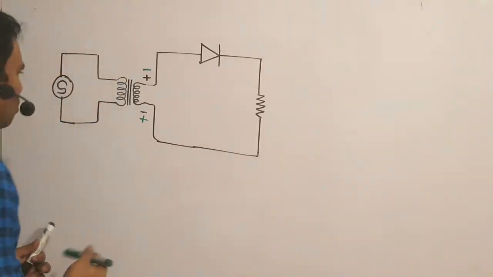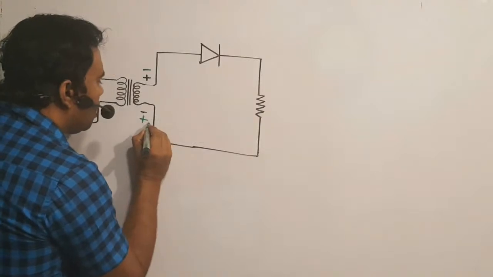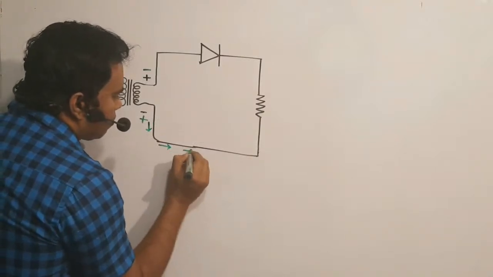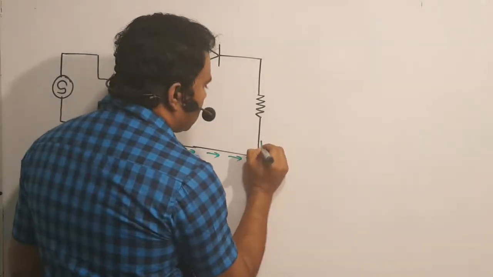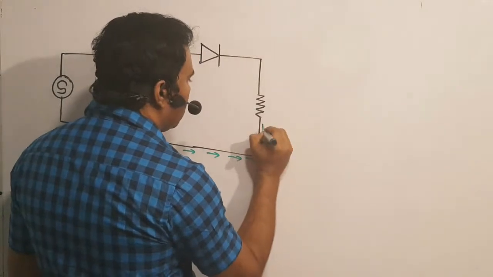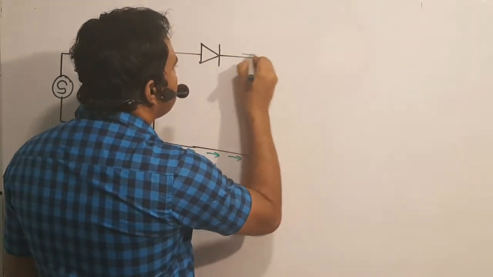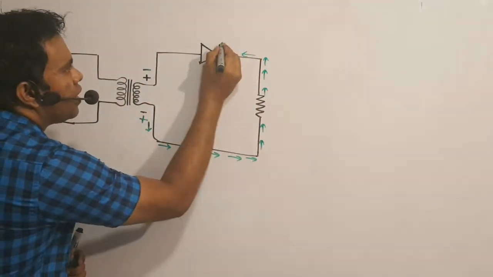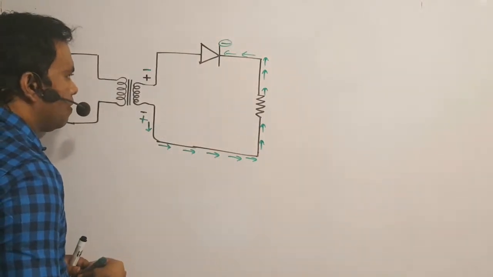So what we have to do now? If this is positive, now we are going to draw that. Sometimes half arrows are used. පුතේ මෙහෙම current එක යන්න පුළුවන්ද? Look at this, positive to negative of the diode. No, that's impossible.